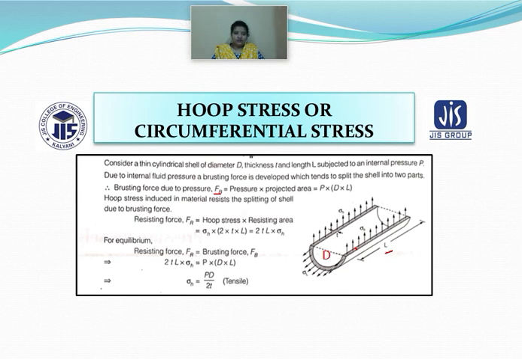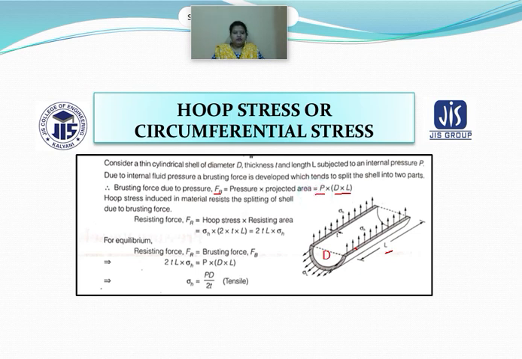So bursting force is none other than the product of pressure and projected area. What I have considered as pressure has been termed as P, and we are multiplying with that the projected area. So what is the projected area? If D is the diameter and L is the length, then the projected area is D into L, and pressure you have considered as P.